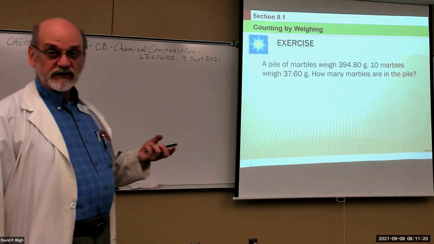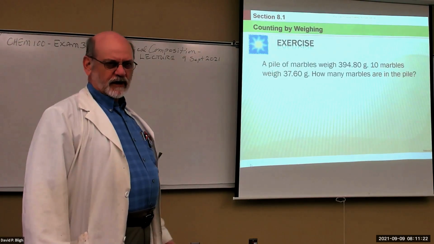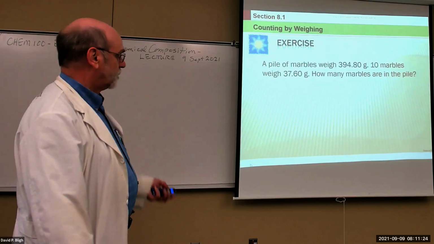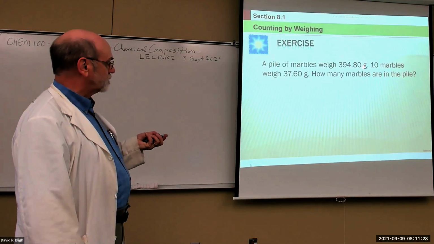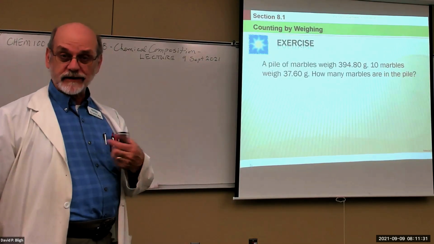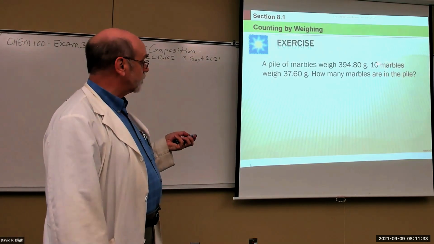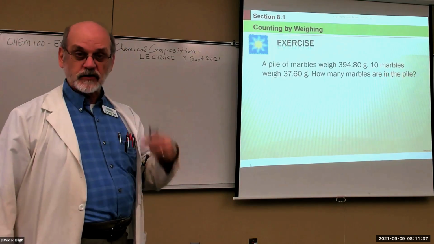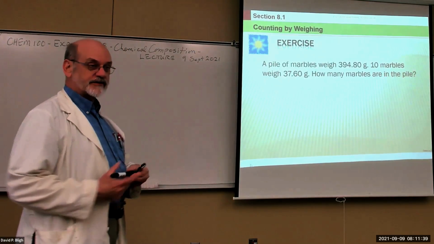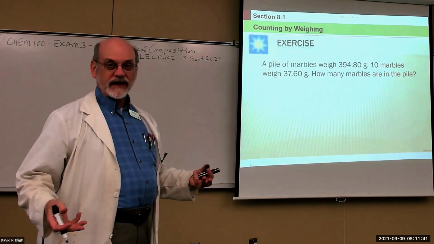Another example with marbles, right? So I'm not going to beat this horse anymore. If you weigh all the marbles in your pile and they're 394.8 grams, then you take 10 of them and determine the mass for 10, then you can use that as your conversion factor. You don't have to say one marble weighs something.